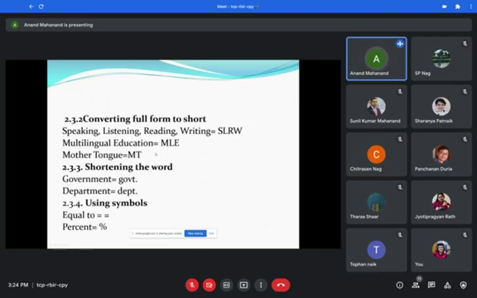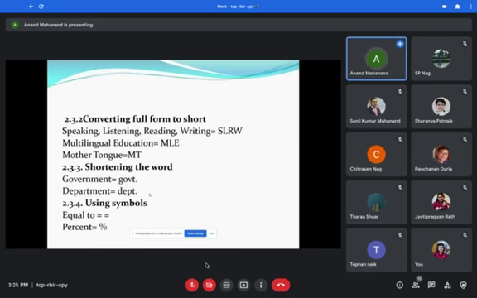Then shortening the word. Government, you say govt. Department, dept. What do you call political science? Political science? Yes, sir. PSC, or Pol Sc, you can call it also. Very good.